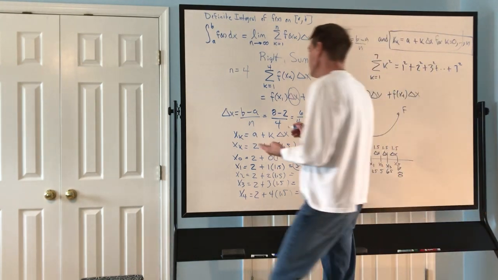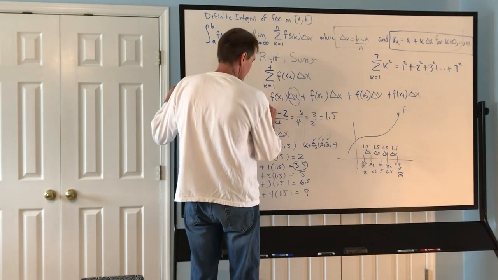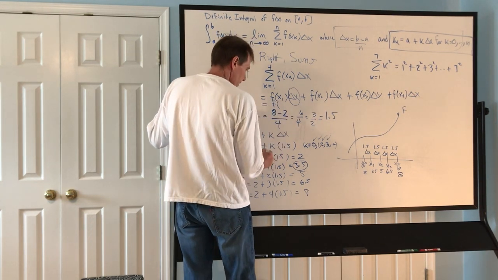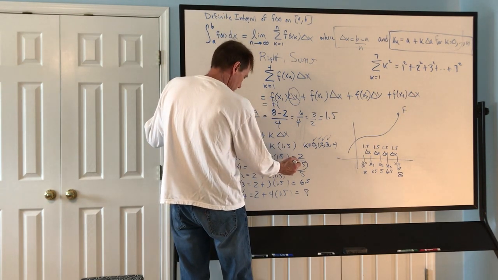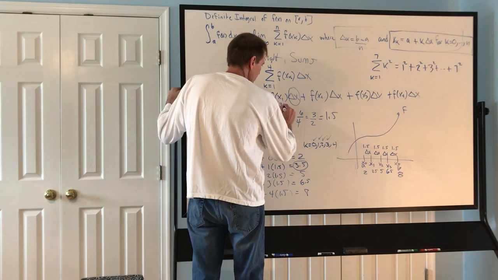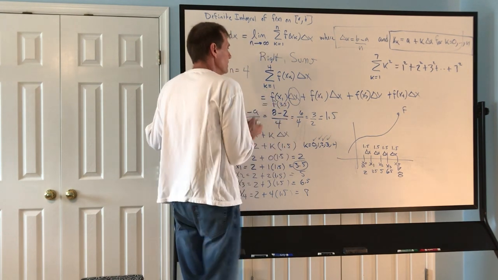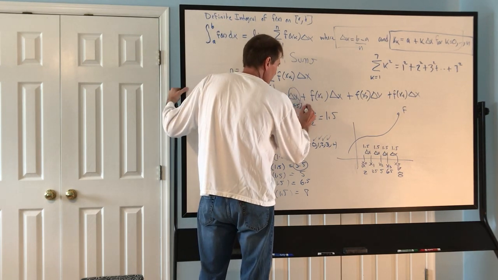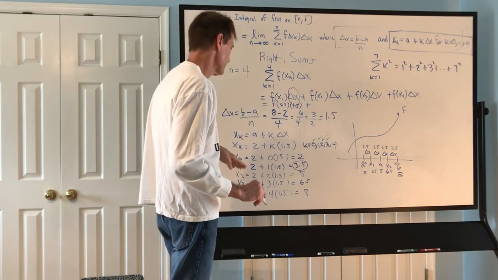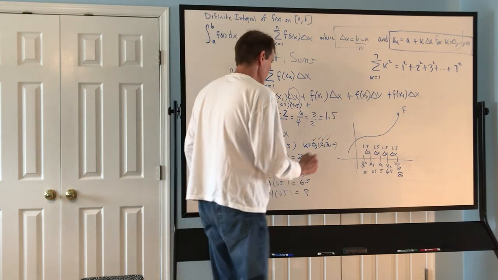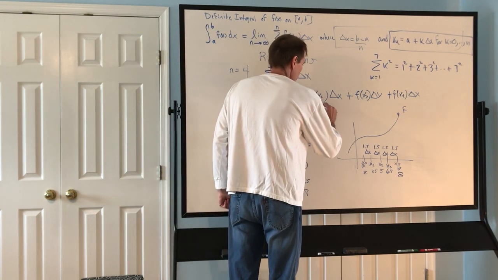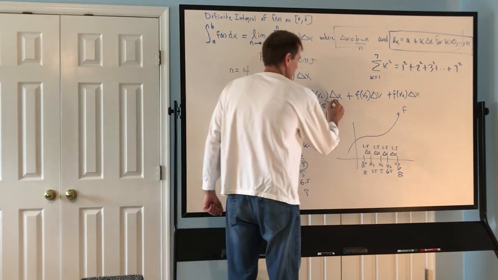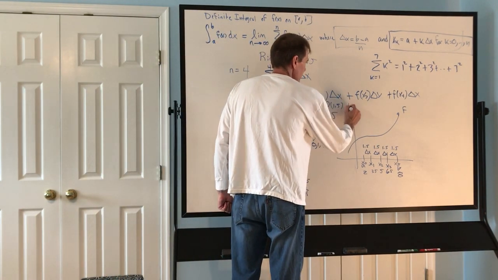So if I look up here, and this is where we're going to end today, this would be f of x1, which is 3.5, times delta x, which is 1.5, plus f of x2, or f of 5, times 1.5.